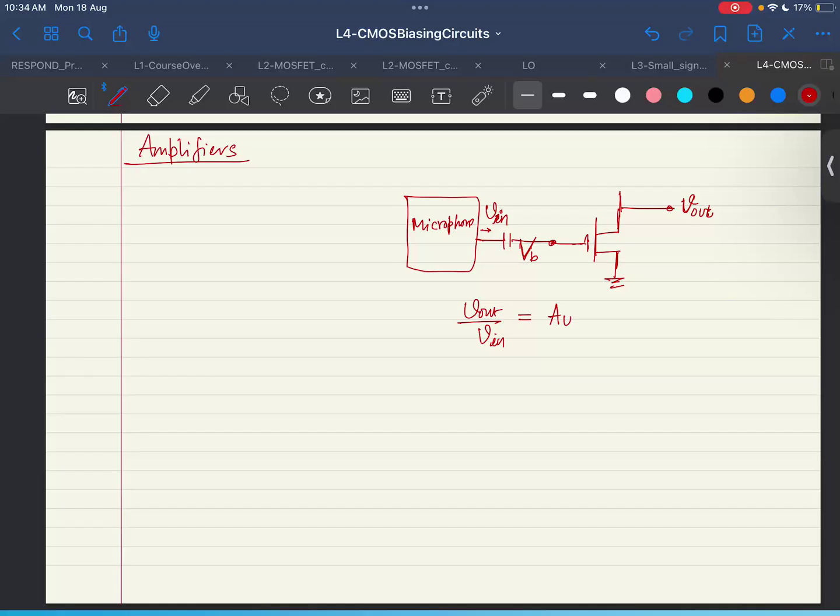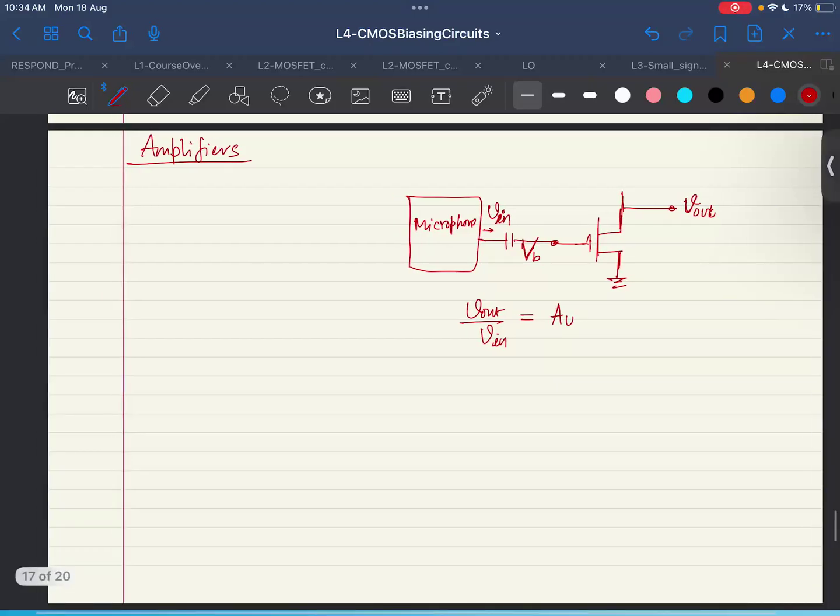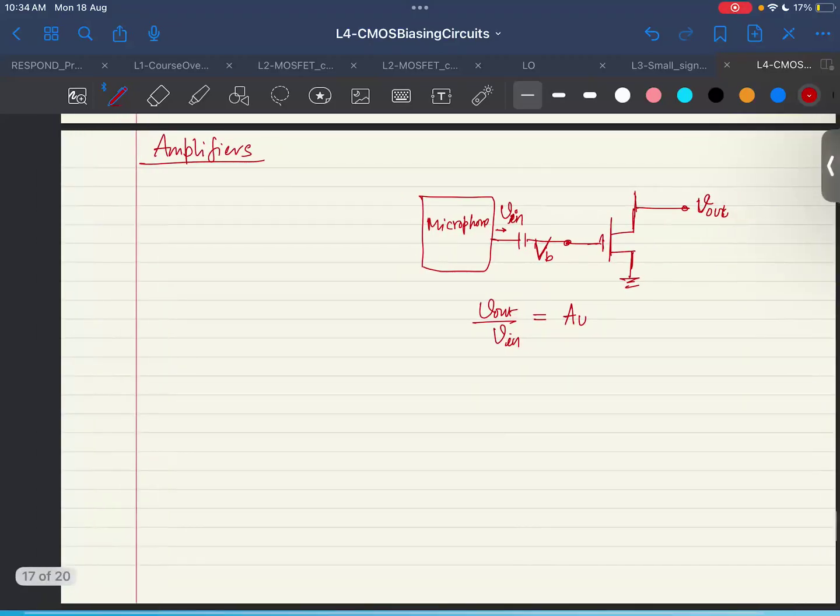So one of the key things you would see, if we want this amplification to be there, is that this quantity needs to be constant, right?